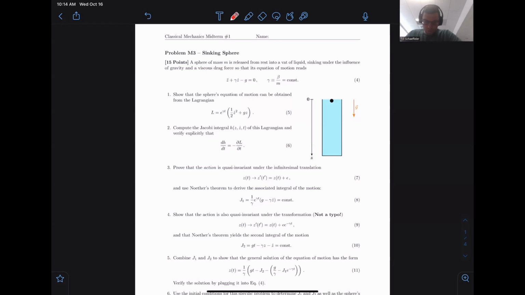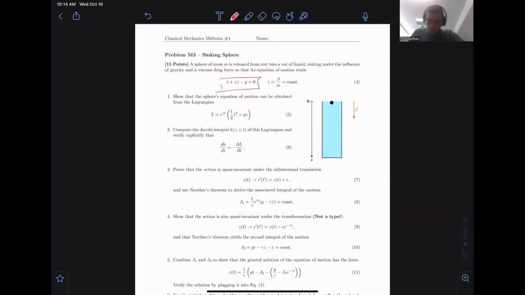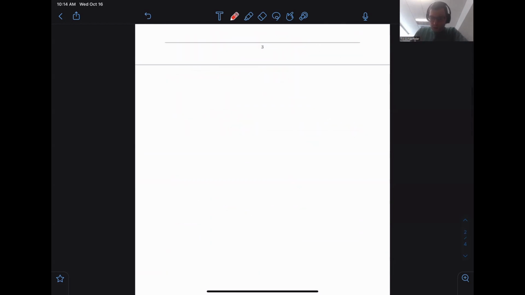So the first thing we have to do is show that this equation of motion here can be obtained from this Lagrangian. Okay, so let's get started.